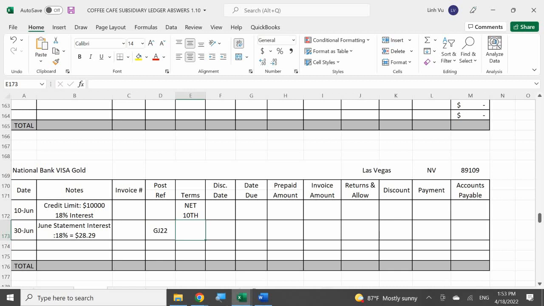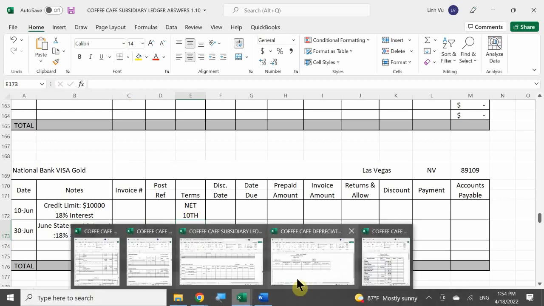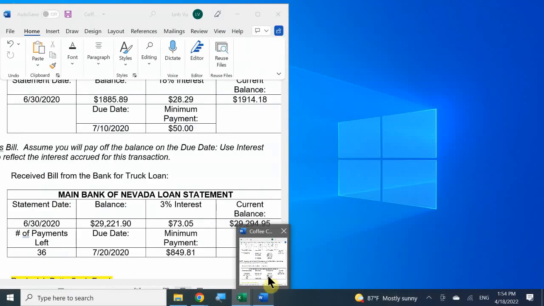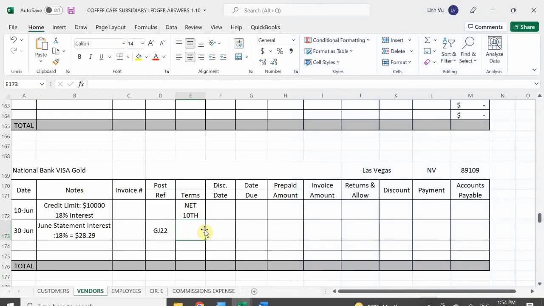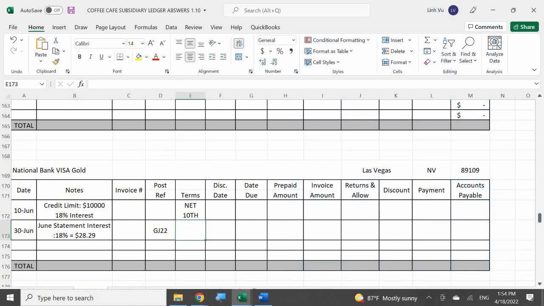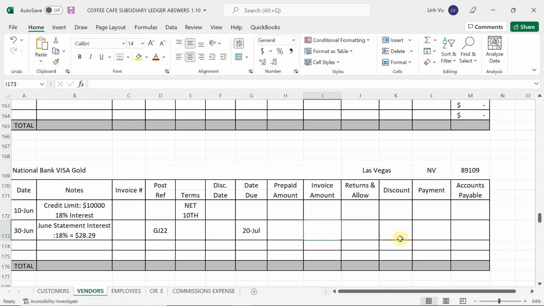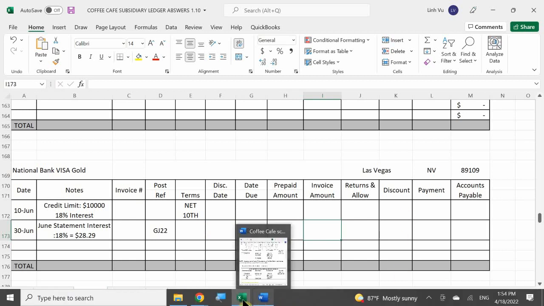When is the due date? Or in this case, it says net 10. So when is the actual due date on my credit card? Okay, so in this case, it's due on 7/20.